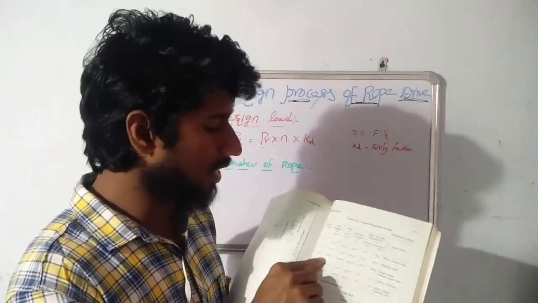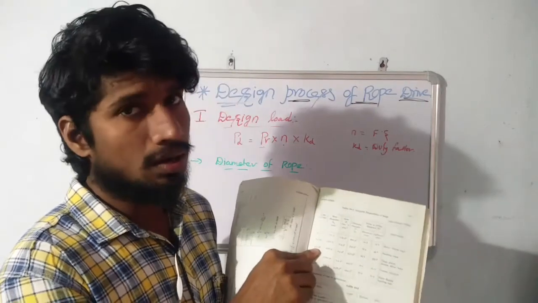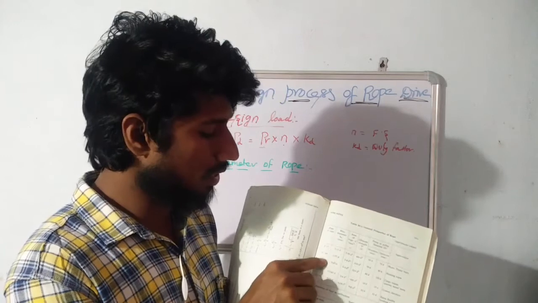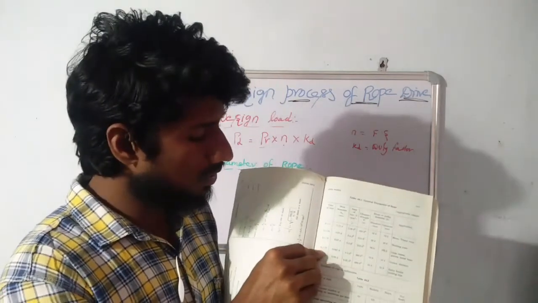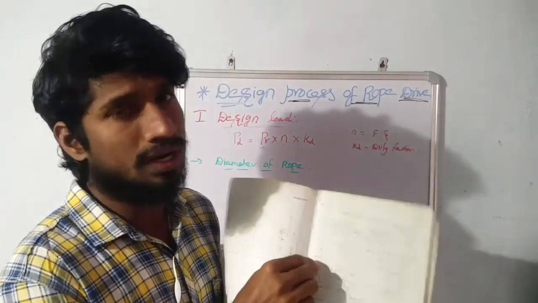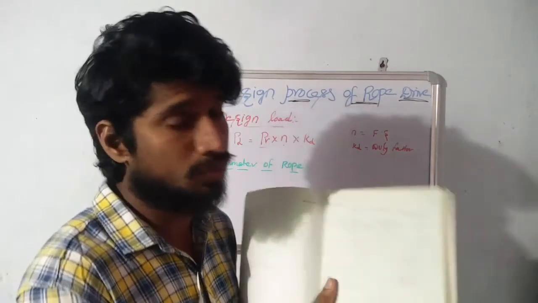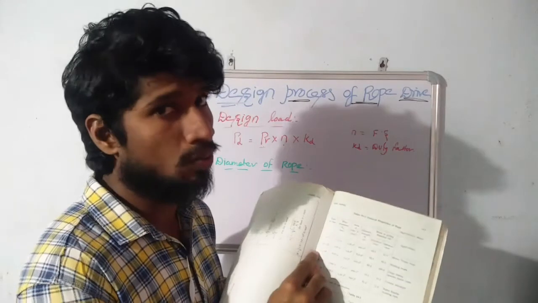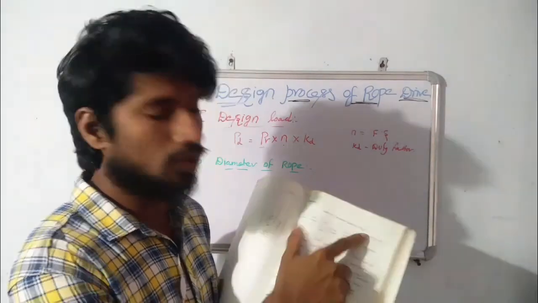So based on these applications, select the type of rope. Here we have different types of ropes: 6 into 7, 6 into 19, 6 into 37 and 8 into 19. So these are the different types of ropes. Based on the application, select the suitable wire rope.